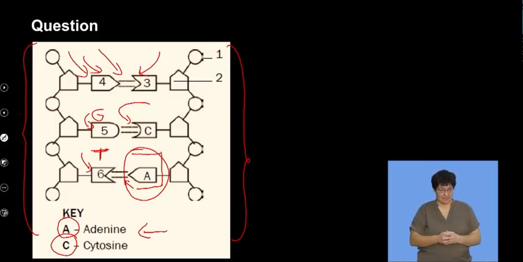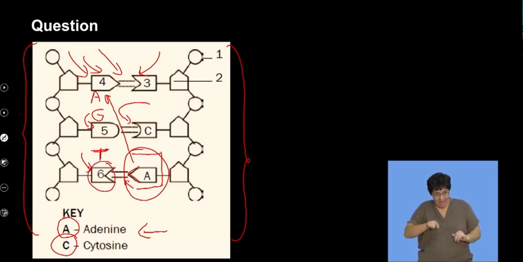Knowing that adenine has a unique arrow-pointed shape, we can infer that number 4 would also be an adenine. And likewise, number 6, which we identified as thymine, will be indicative of what number 3 would be.